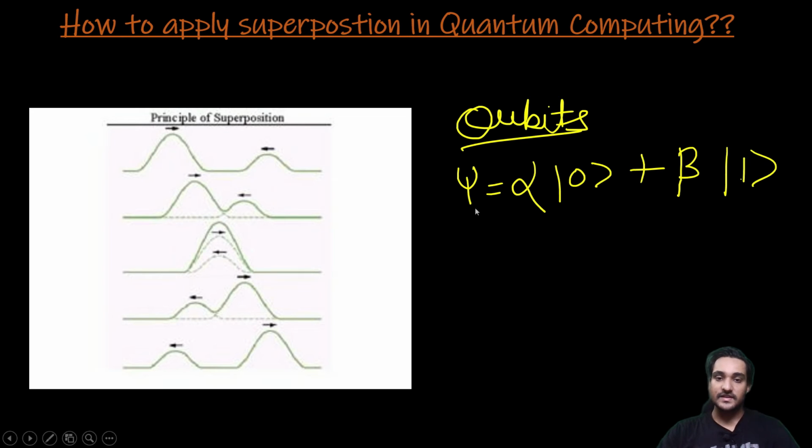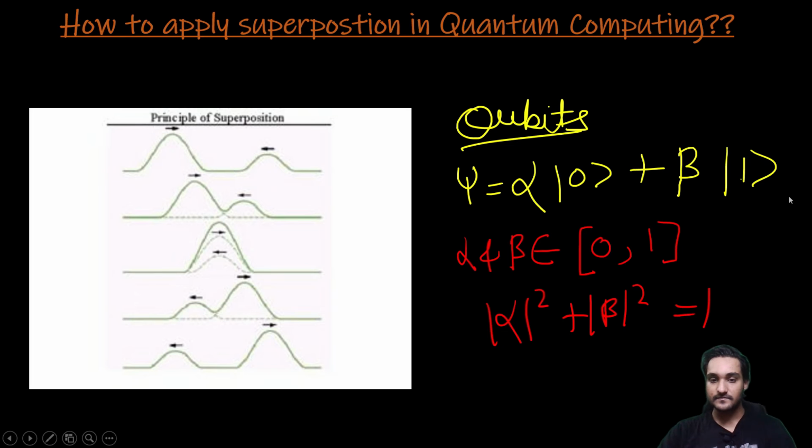For understanding, you can take alpha and beta as basically the probabilities of being in a particular state. A bit is in the 0 state with probability alpha and in the 1 state with probability beta, and the sum of these probabilities will be equal to 1, as it can't be more than 1. So this is a basic thing.